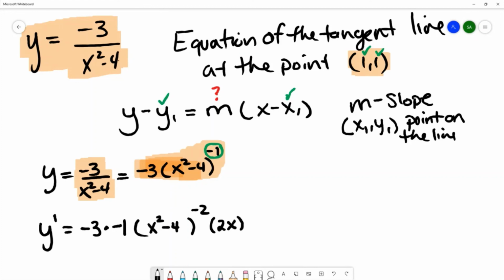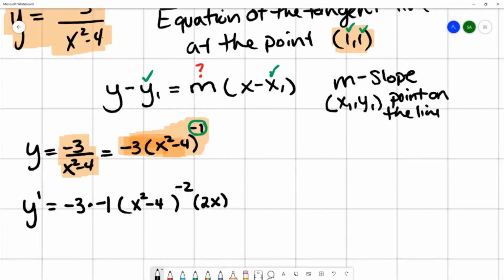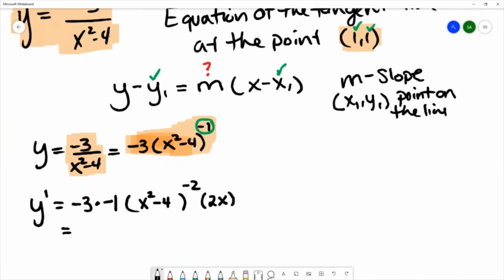So the derivative of x squared minus 4 is 2x. And then I can simplify this derivative. -3 times -1 is a +3. Multiply that by 2x gives me 6x in the numerator. And then I can bring that x squared minus 4 squared down to the denominator.